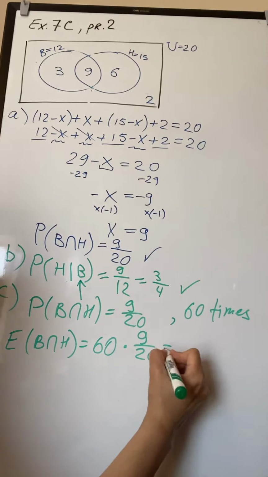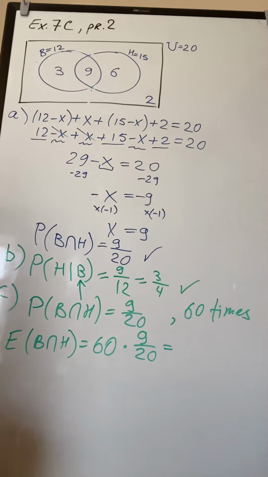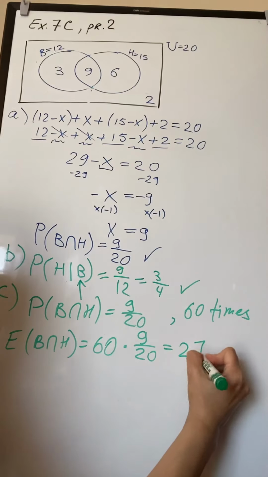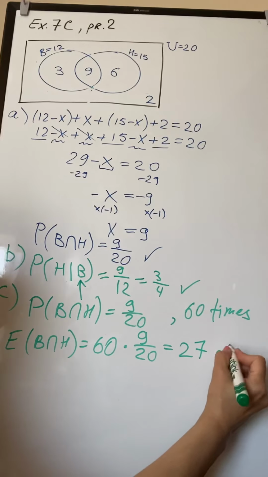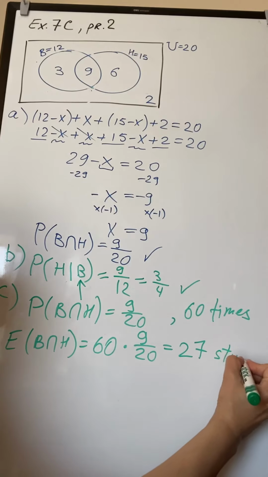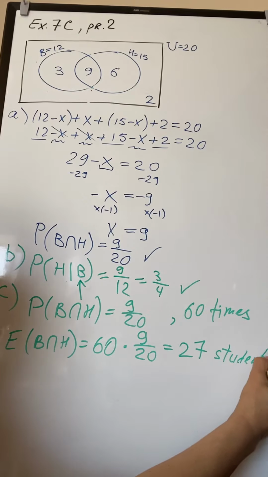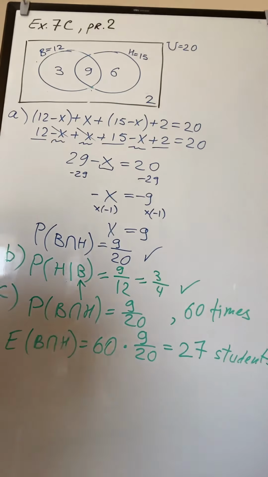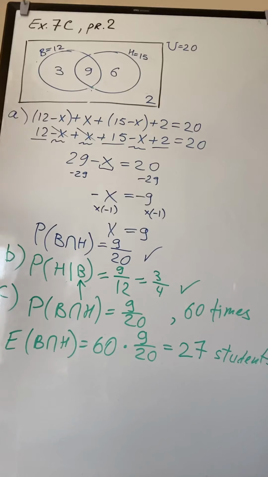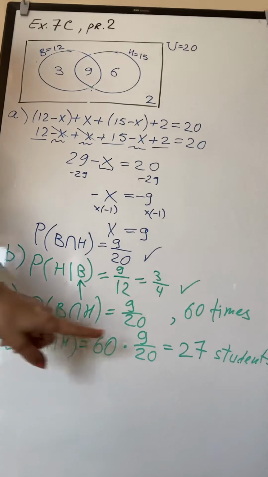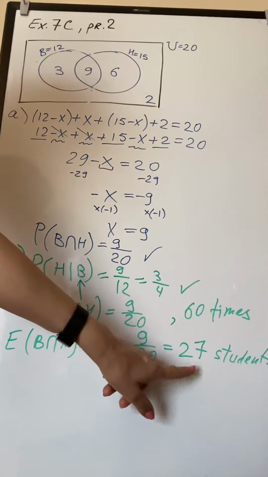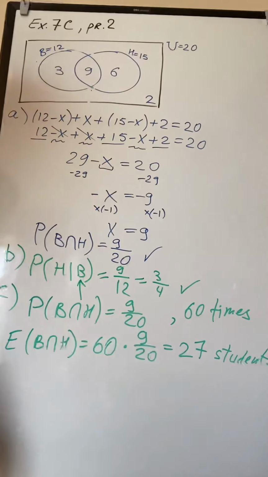And then you can use your calculator, because you're in AI, you can use your calculator, and turns out it's 27 students. It's 27 students. Again, let's reflect on that. If you repeat your experiment 60 times, then expected, again, you might end up with a different number, 26 or 28, give or take.